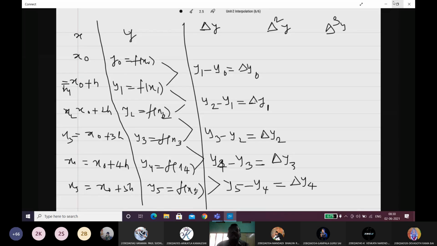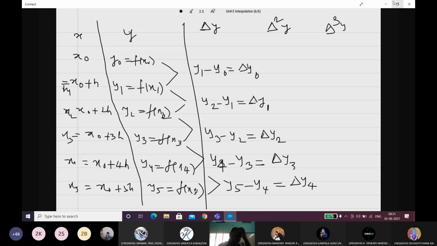These delta y0, delta y1, delta y2, delta y3, delta y4, etc., are called the first forward differences.